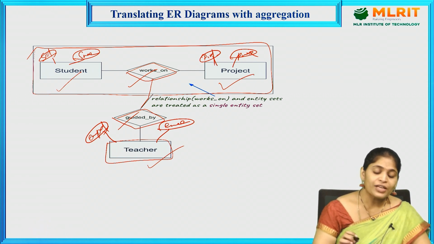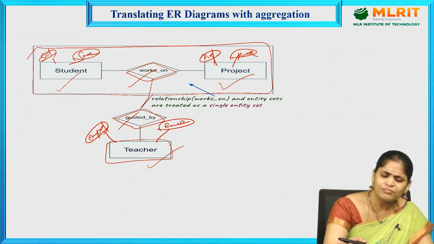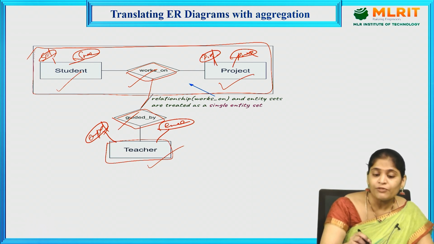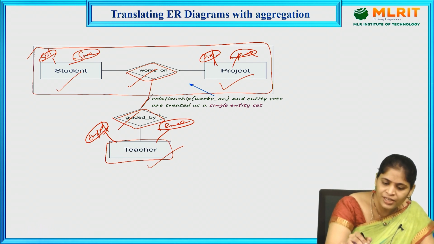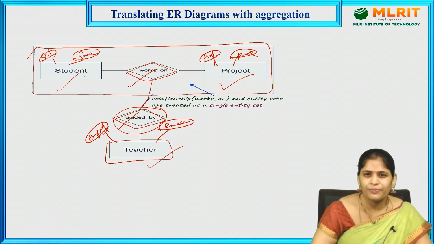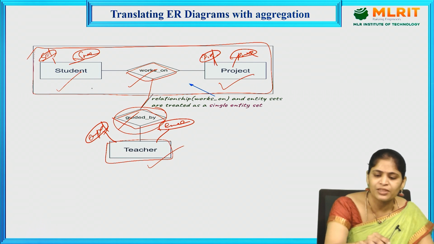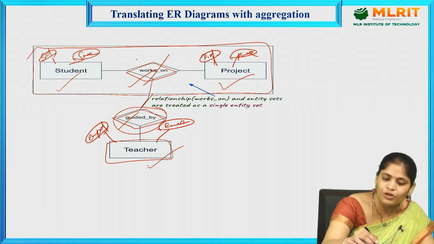Meanwhile, we can lessen the creation of tables by 3 or 2. Why? Because here, by considering this guided by relationship, this includes the concept of student and project. This relation is related with this particular entity. So we can delete this works on table.